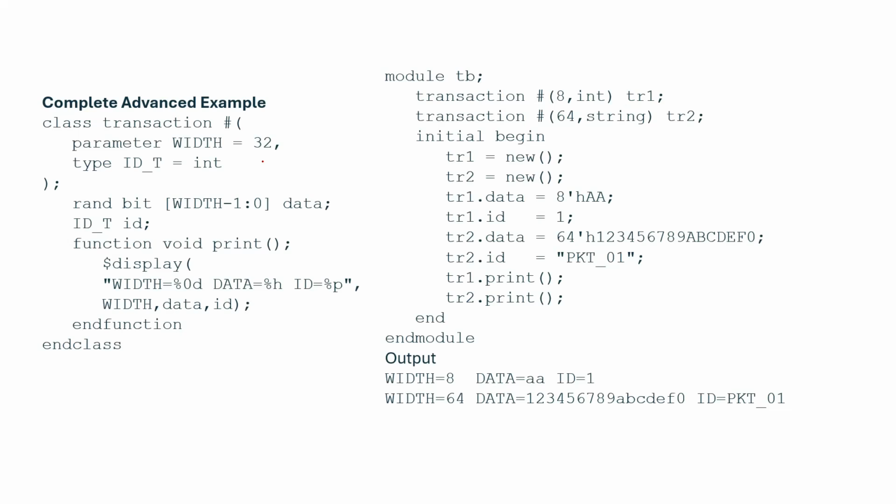After that, creating the object and then assigning the values. After that, calling the method. This is the normal class method we are writing, right? Instead, with parameterized classes you are taking the width and type in your class. Then while assigning the handles to your class, you are assigning the width and the type also beside the class handle. After that you are creating the object.